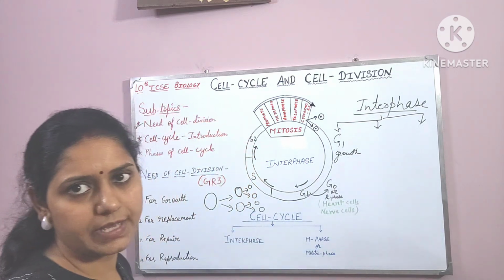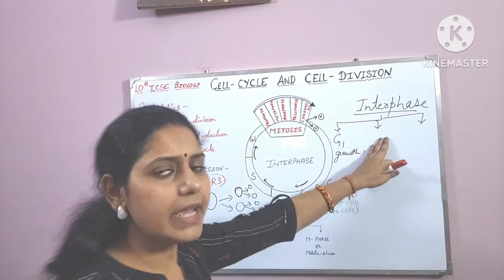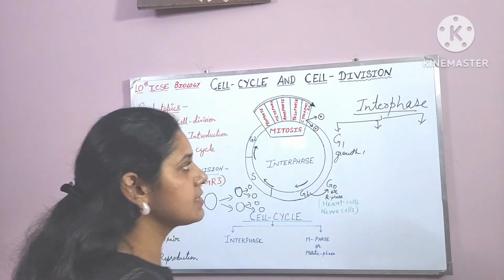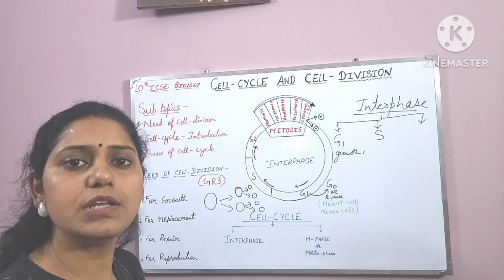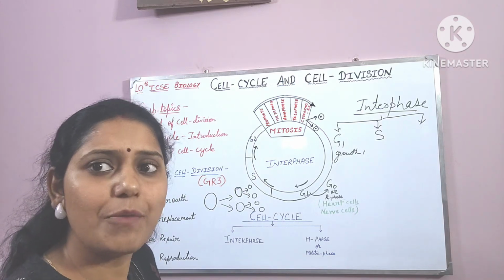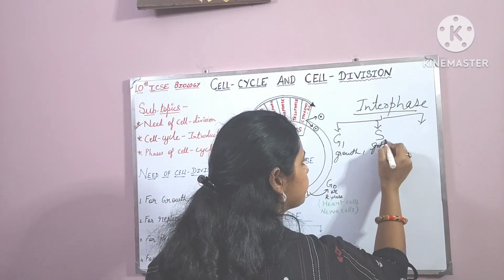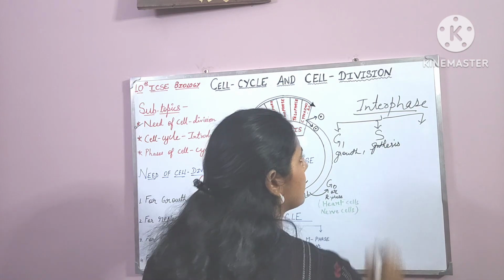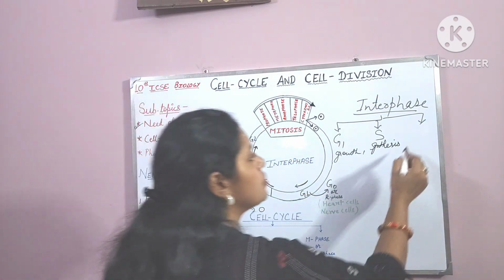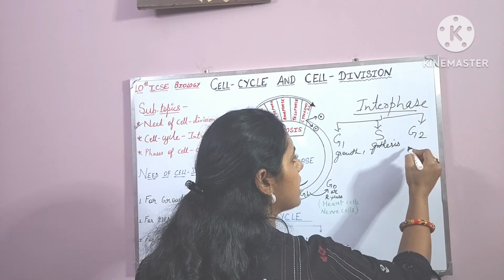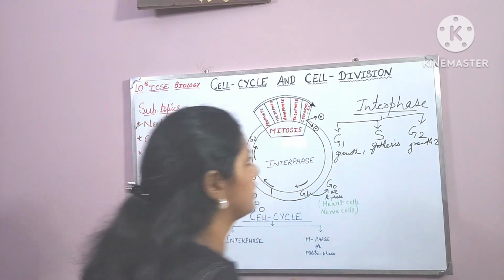Growth 1 phase. The second phase of interphase is S phase. S is for synthesis, that means formation. And the last phase of interphase is G2 phase, that is growth 2 phase.